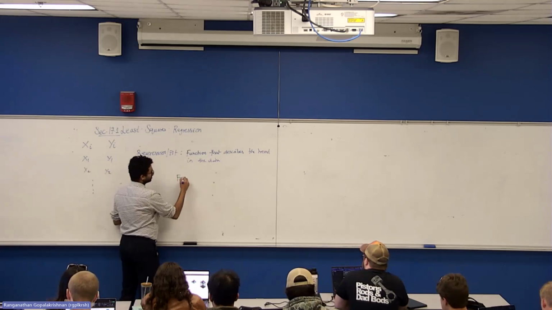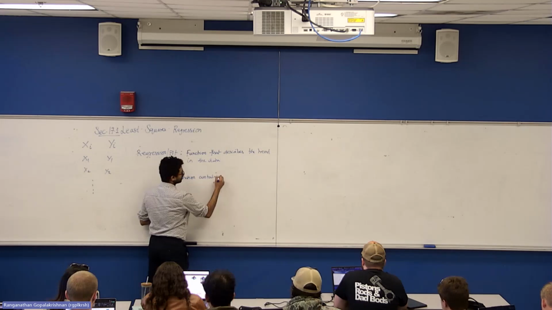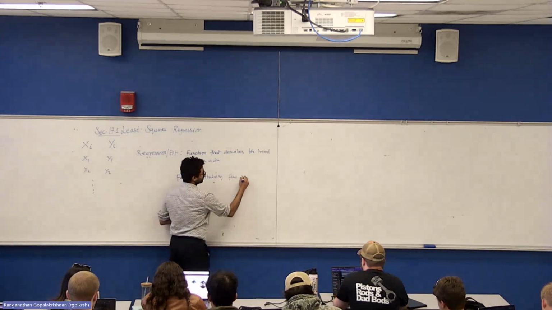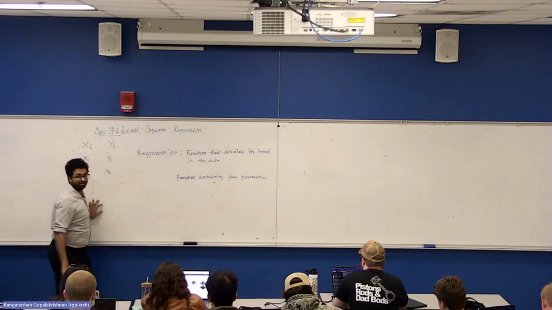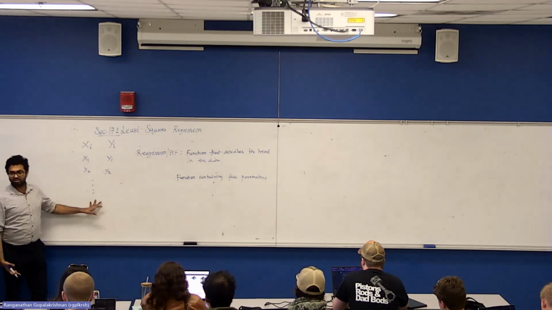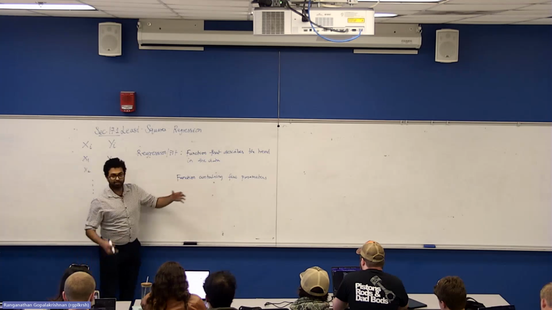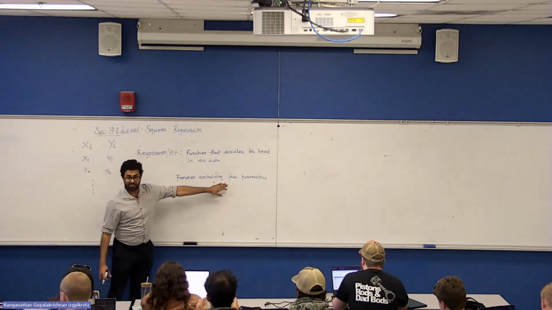That is a function containing few parameters can replace the entire data set. Like this data set could have 1 million entries or more. We don't want to carry around 1 million numbers.